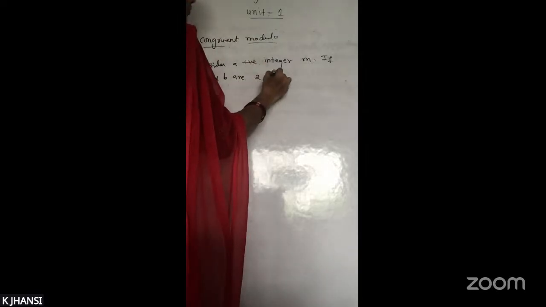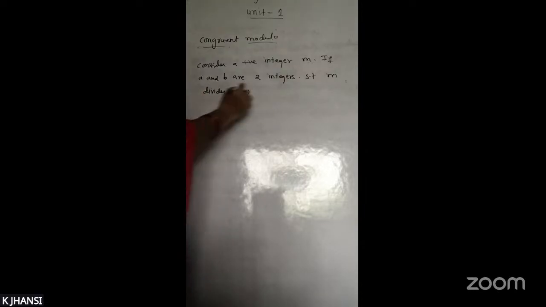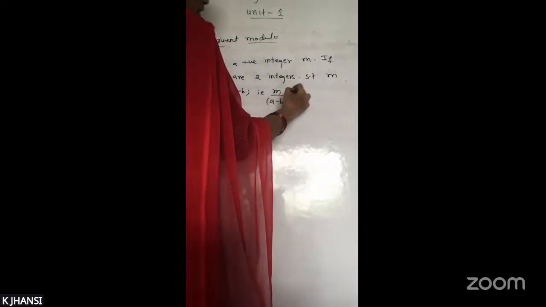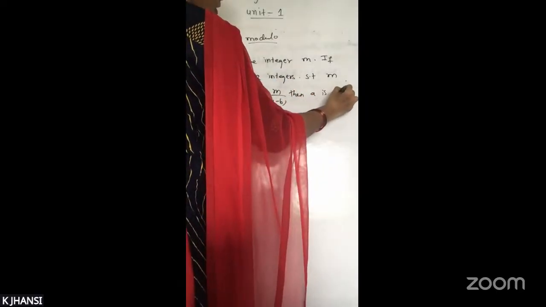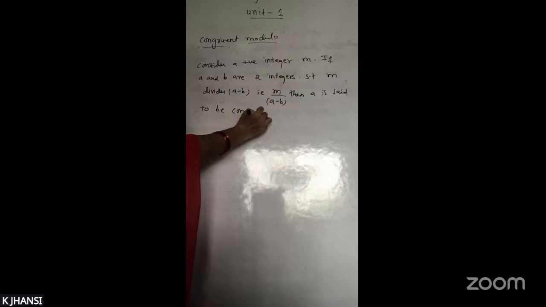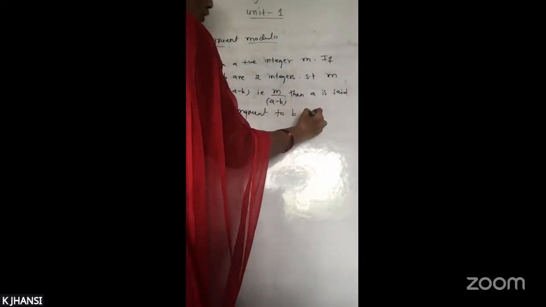If a and b are two integers such that m divides a minus b, then a is said to be congruent to b modulo m.